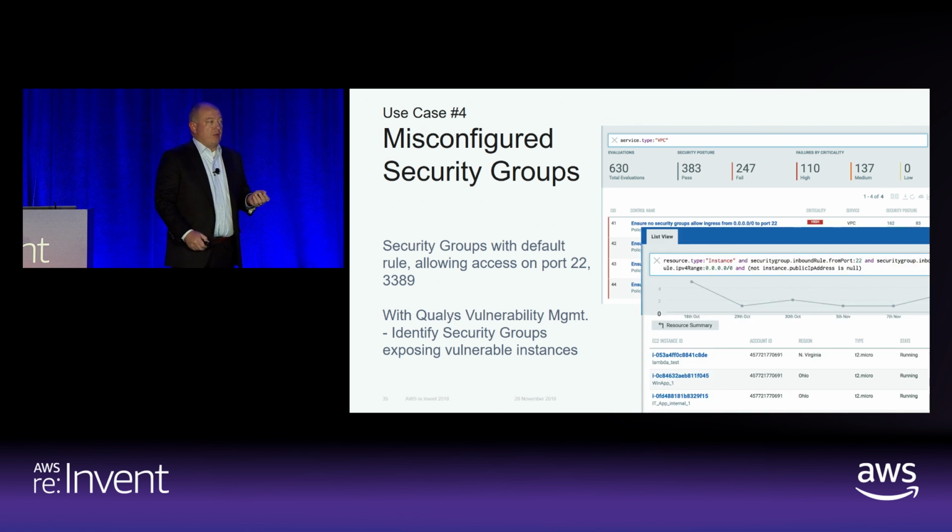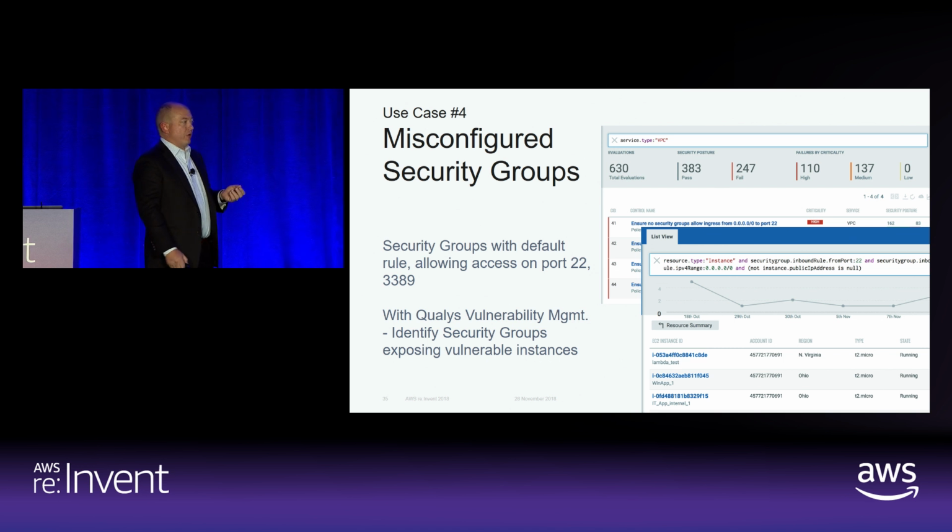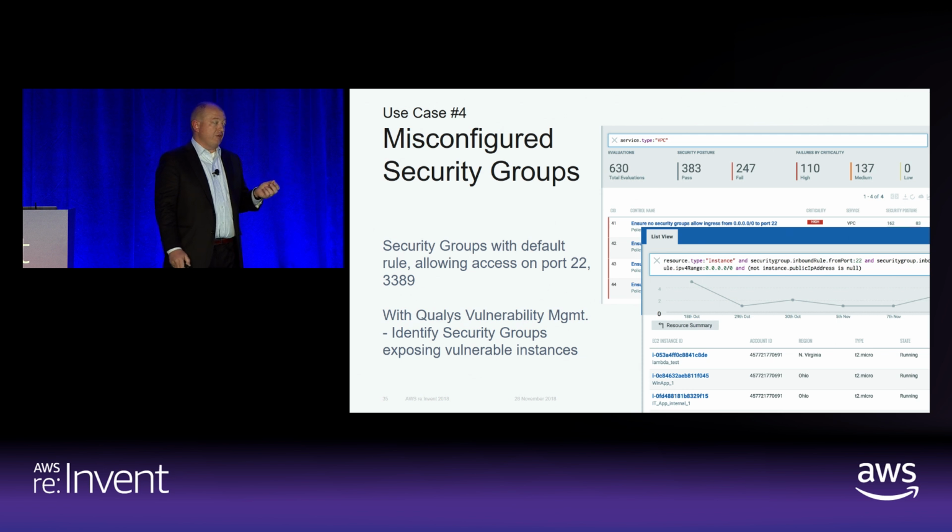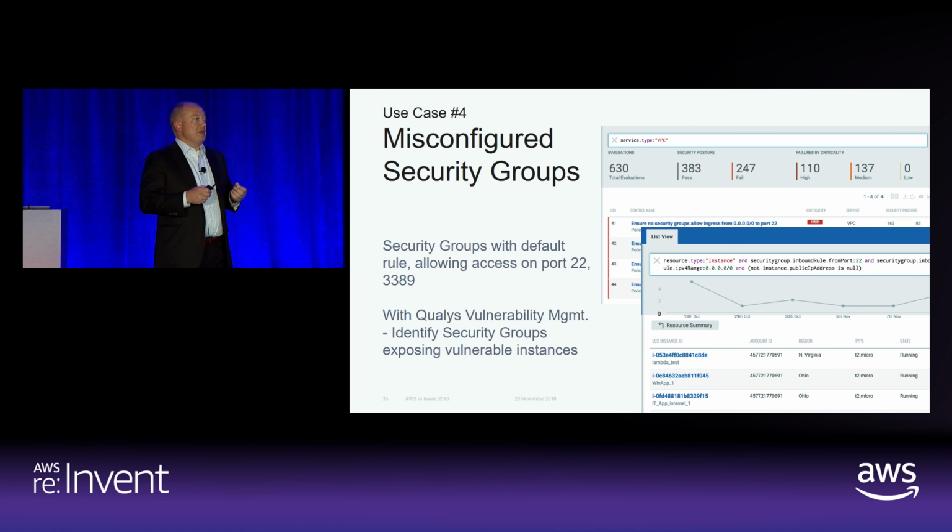We also allow you the ability to dive in using our Qualys query language via the resource view within CloudView. So you can do queries like, show me this instance, is it vulnerable? You can also say, is it publicly exposed? Show me what security groups are assigned to it.